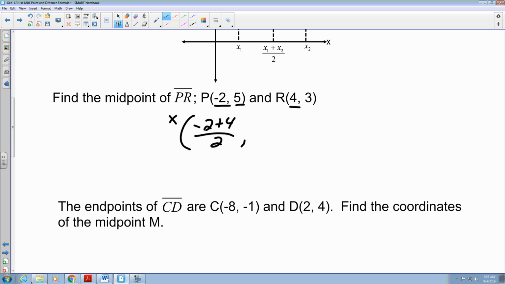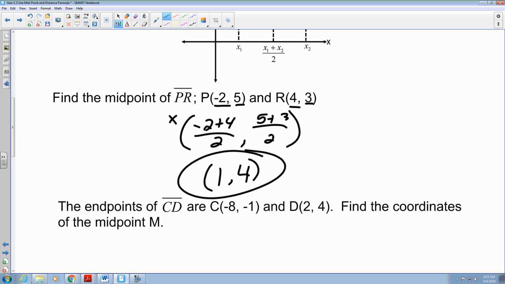You're going to take the two y values, add them together, divide it by 2. So -2 plus 4 is 2. 2 divided by 2 is 1. So that's my x coordinate. 5 plus 3 is 8. 8 divided by 2 is 4. So my coordinate midpoint is 1 comma 4.